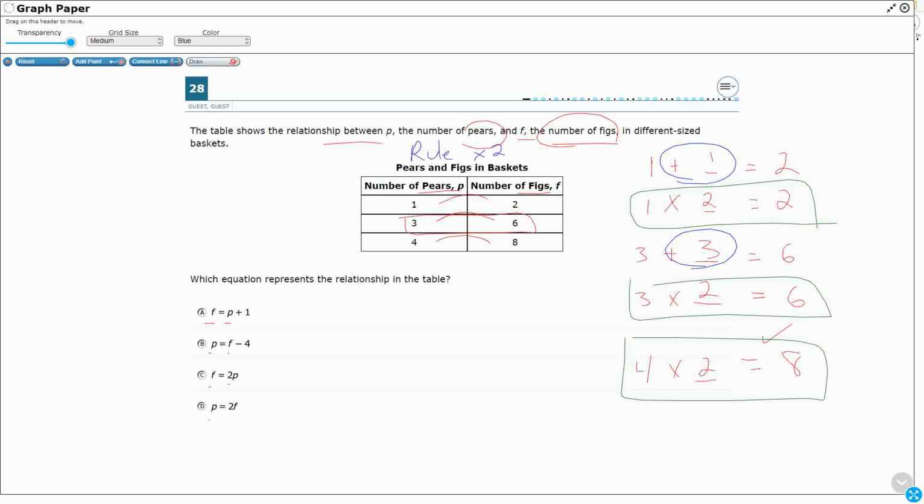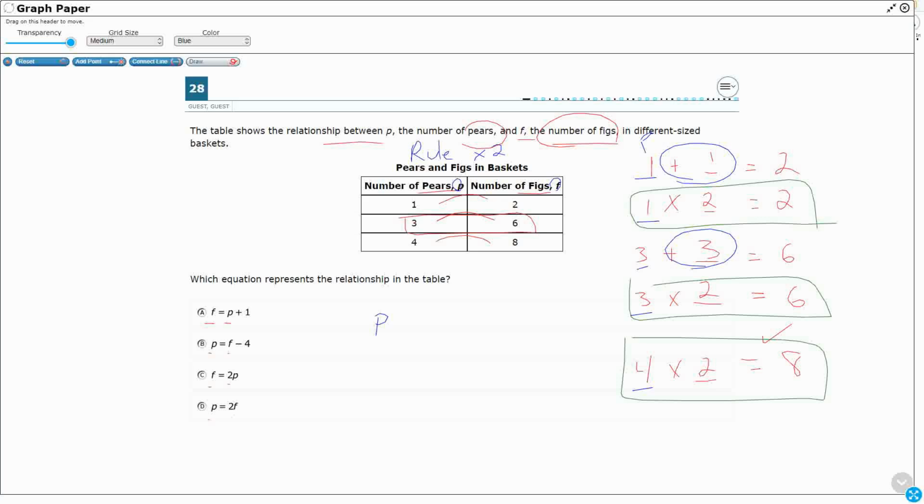But you notice here, we've got more to do than just that. So let's bring our P and our F back into it. We take our P, so this 1 right here, these 3s, this 4. All of those were the P's, the pairs.